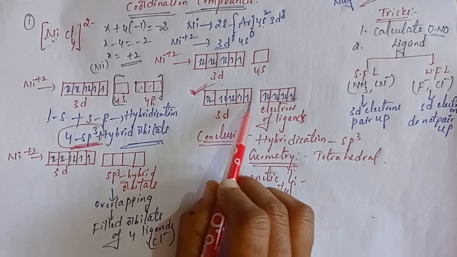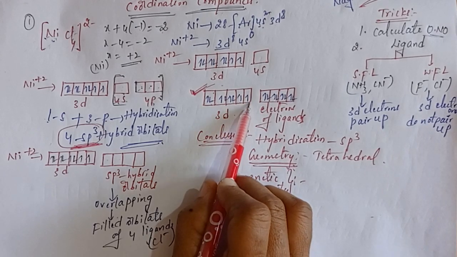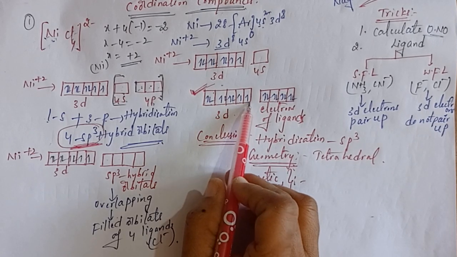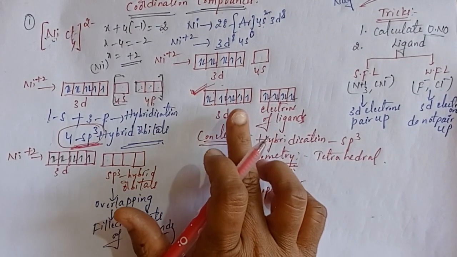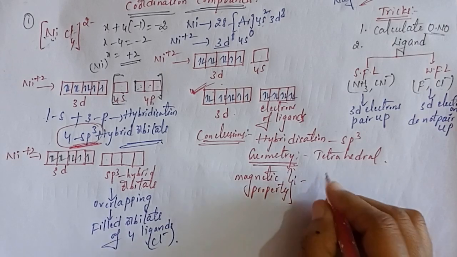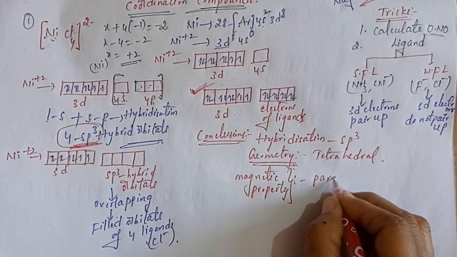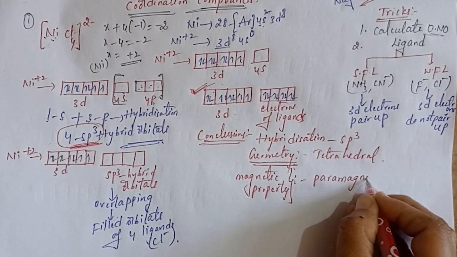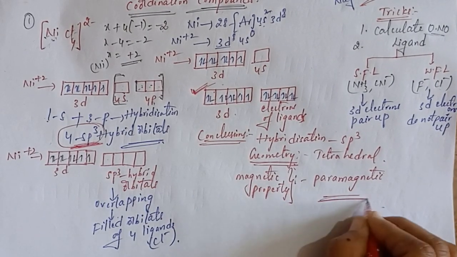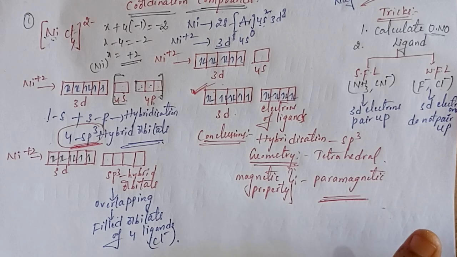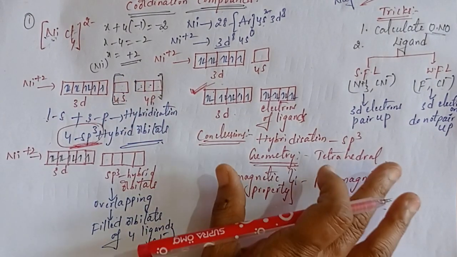But here unpaired electrons are there. Unpaired electrons means paramagnetic. All paired means diamagnetic. Clear? So it has unpaired electrons, so it is paramagnetic in nature. And that is completed, students, this is about the VBT of this complex. Clear? These are the conclusions.